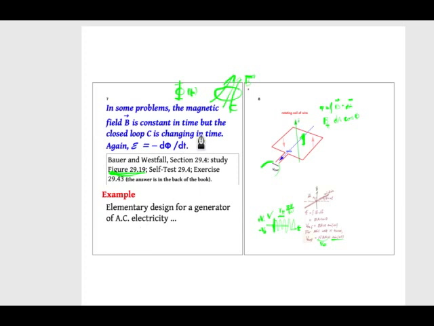But anyway, most of the electricity that we use in everyday life is alternating current electricity. And why? Well, because somewhere in the electric grid, there's a generator in which a rotating conducting wire or coil of wire in the presence of a magnetic field is generating an alternating voltage.